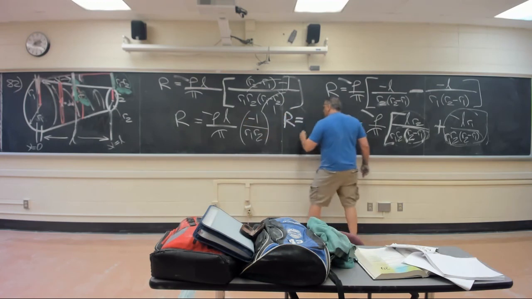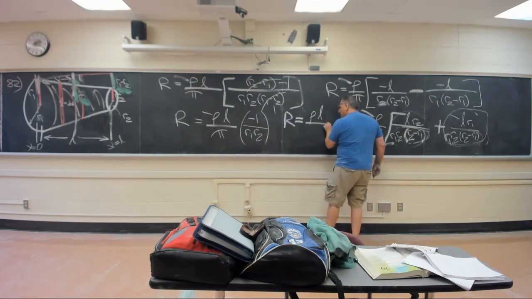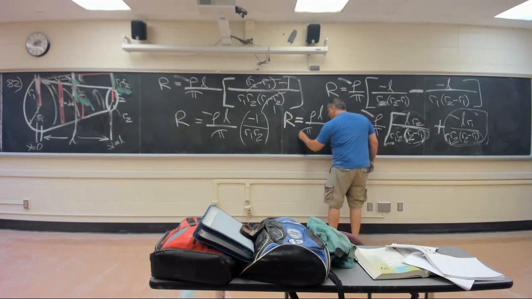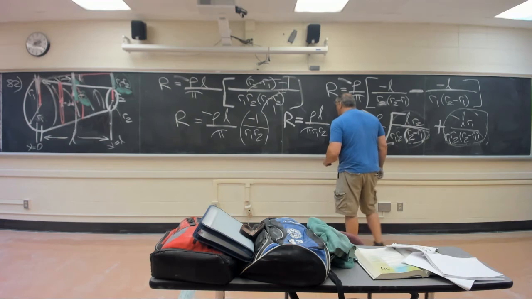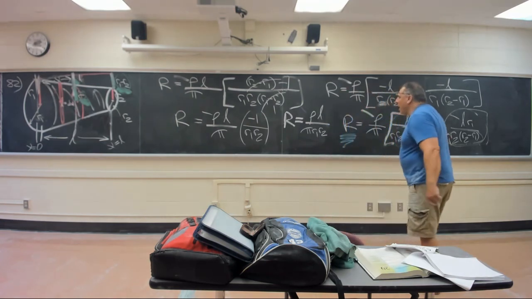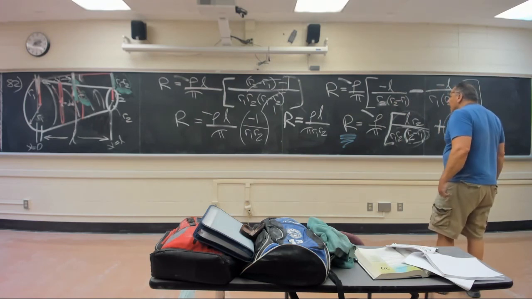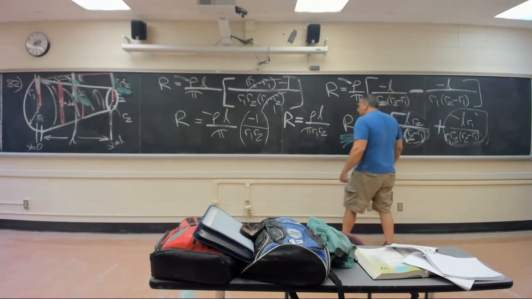Negative times negative, rho L over pi R1, R2. Pretty interesting stuff. Very interesting stuff right there.